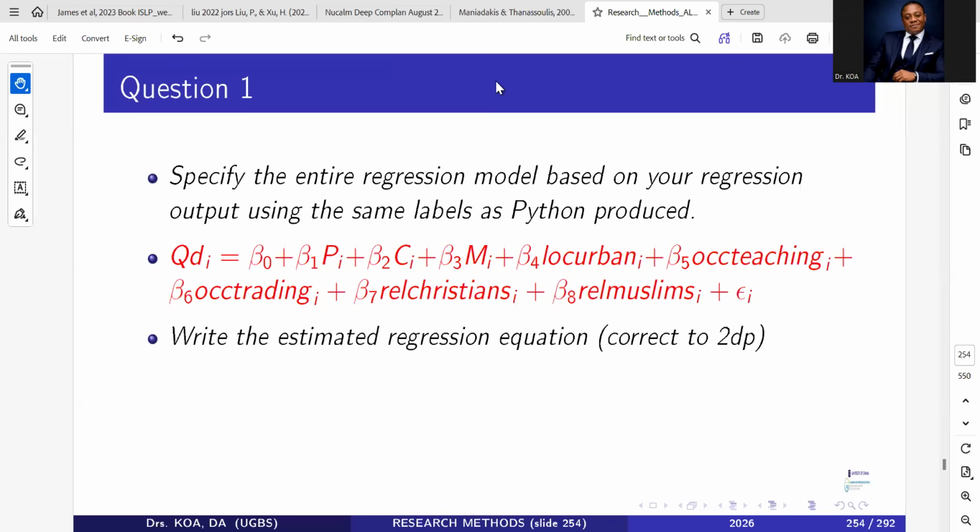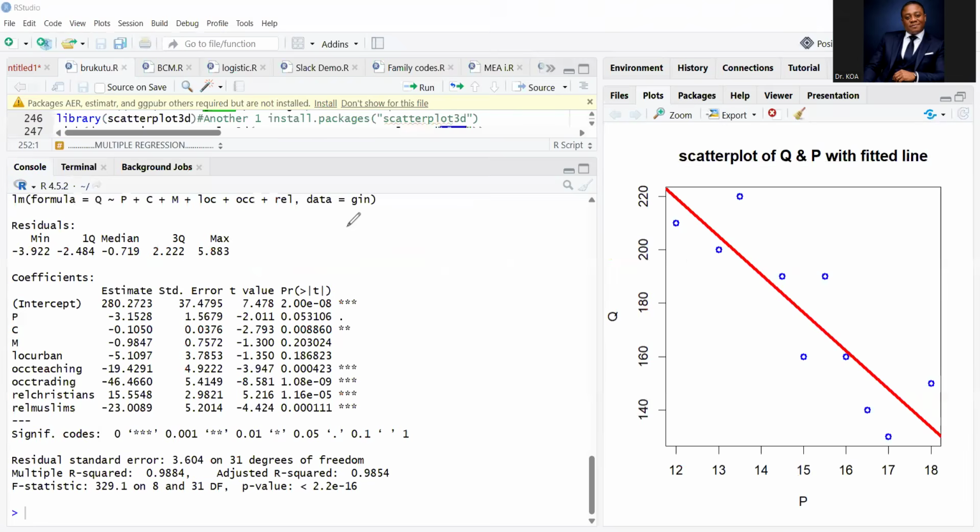The same thing you wrote, you're going to write the same thing, but this time you are going to replace the betas with numbers. So the first number, for beta naught, is what? 280.27. So you write equals 280.27. Then plus beta 1. Instead of beta 1, what do you write?